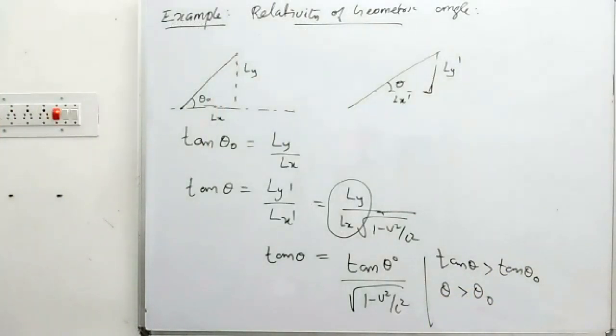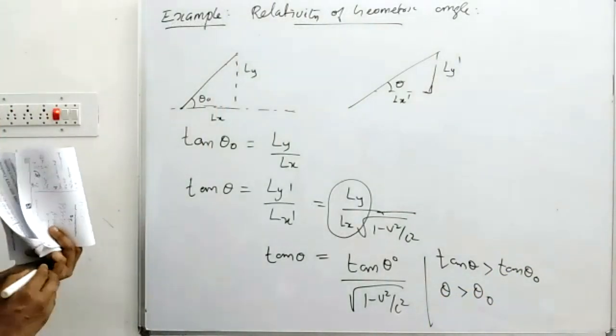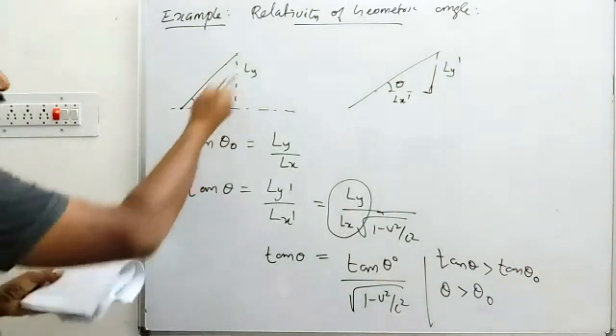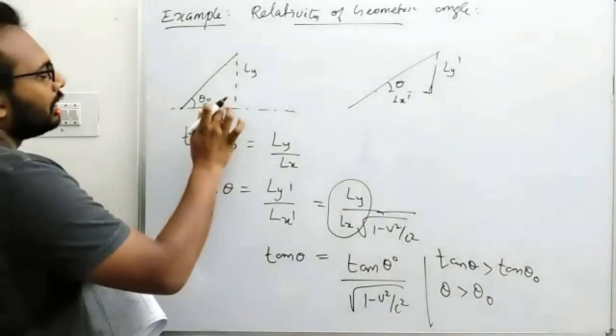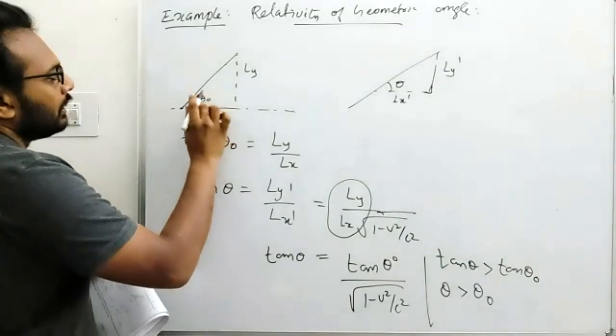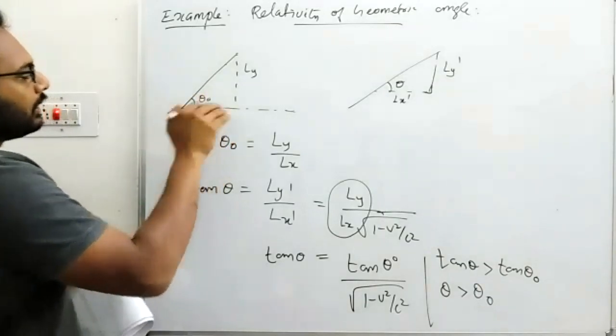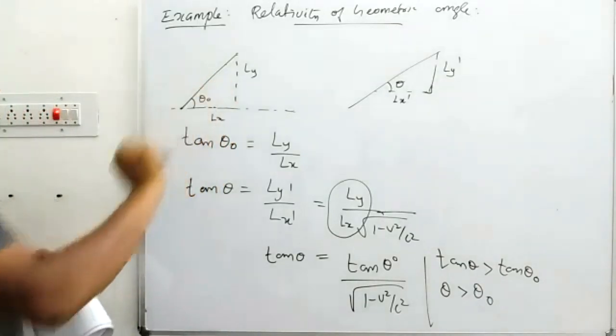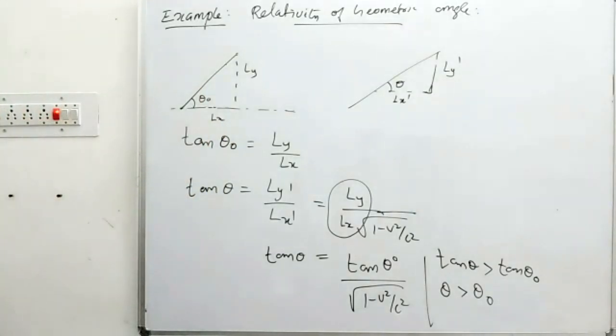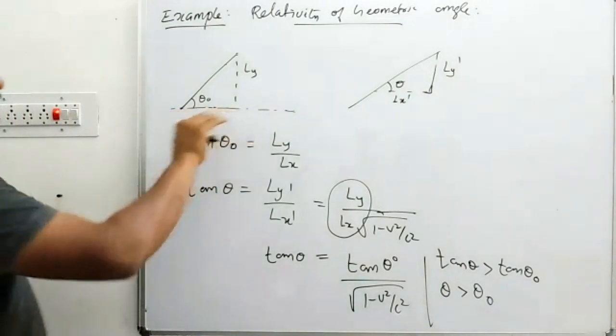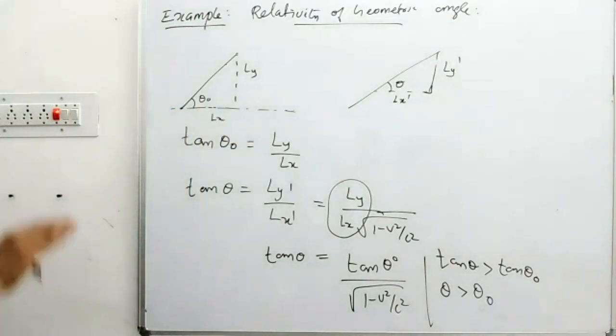So the geometrical angle made by an object increases, if you're measuring it from a frame which is moving, which has some component along this length. That's the idea.